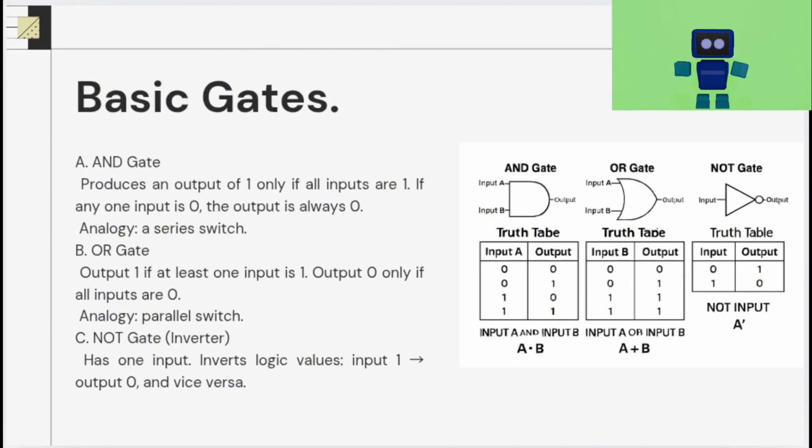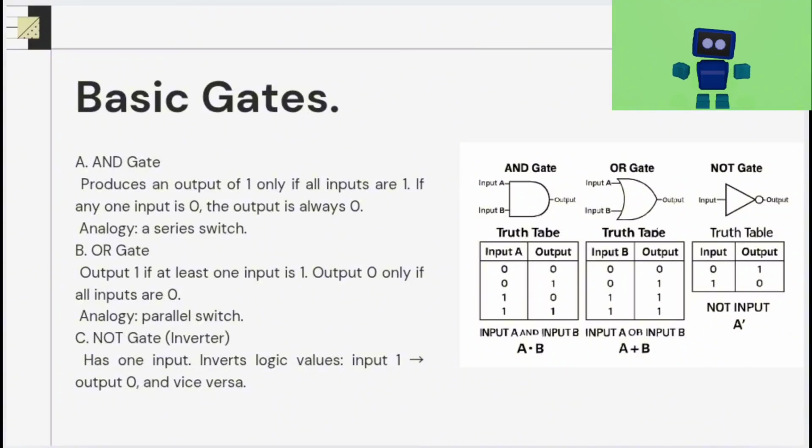The AND gate is one of the basic logic gates used in digital electronic systems to perform the logical AND operation. This gate produces an output of 1, true, only if all inputs are 1. If one or all inputs are 0, false, the output will be 0.